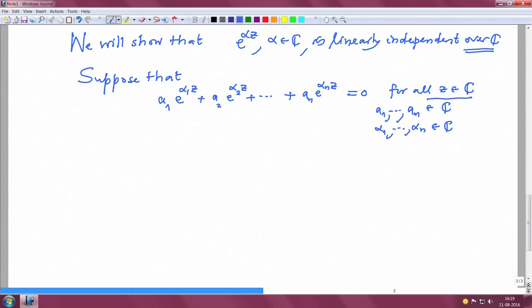And now we differentiate this. Okay, first of all, note where I am using the fact that the subset D that we have assumed has a limit point.